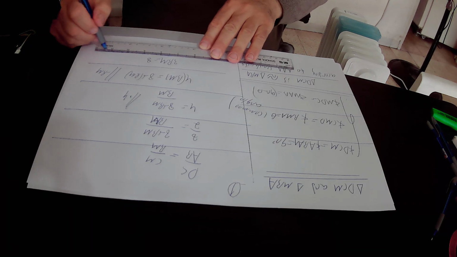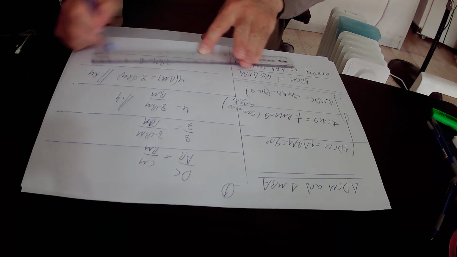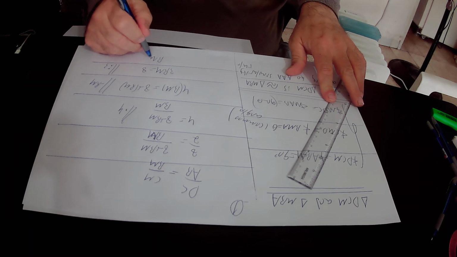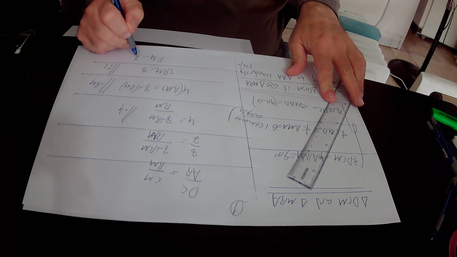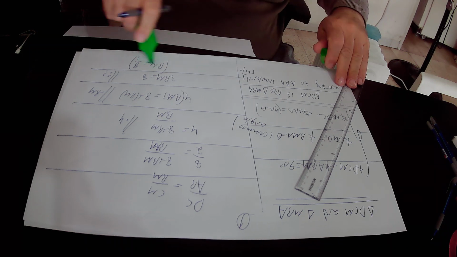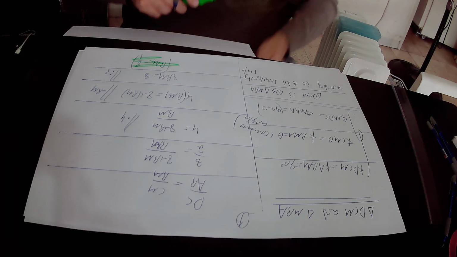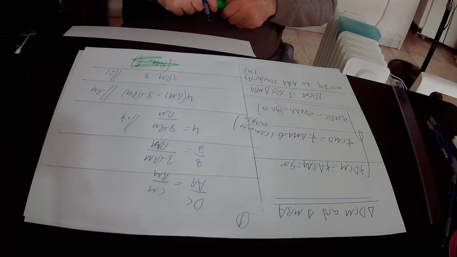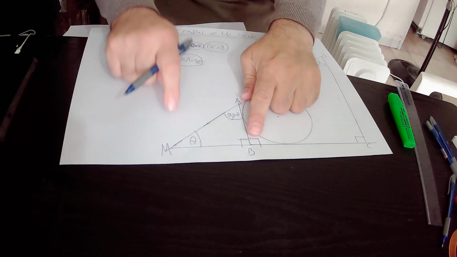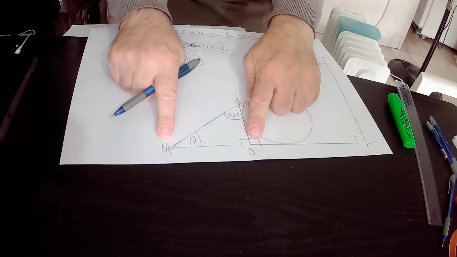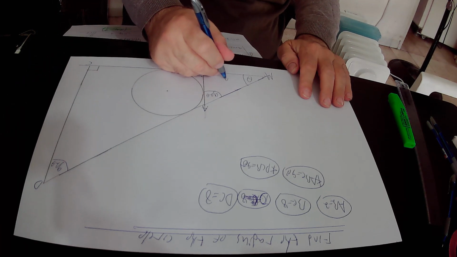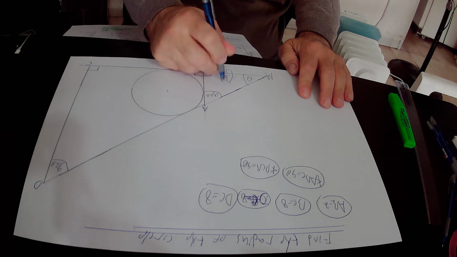Here we divide this equation by 3, and finally we get that BM equals 8 over 3 units in its length. So actually, this line segment BM equals 8 over 3 units in its length, so I'll write it down in the drawing itself that BM equals 8 over 3 units in its length.